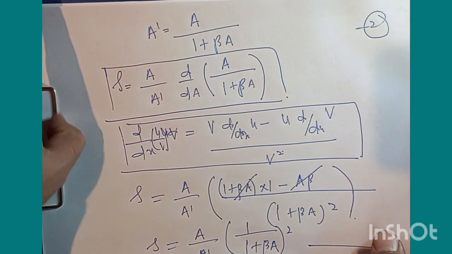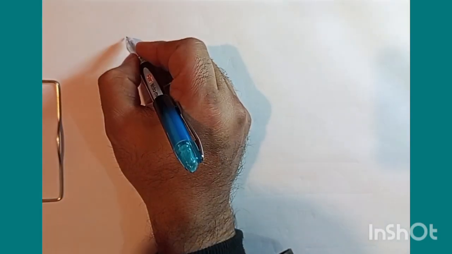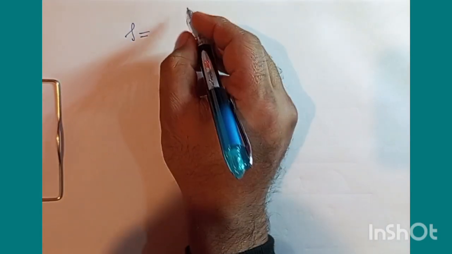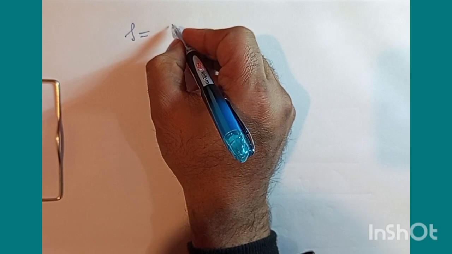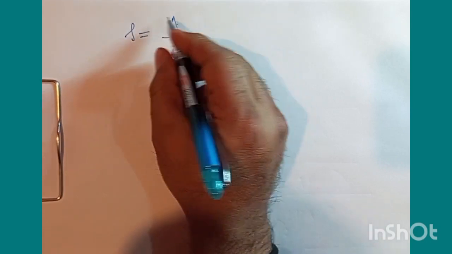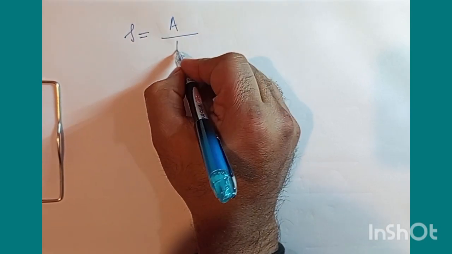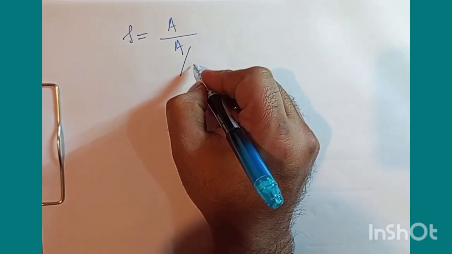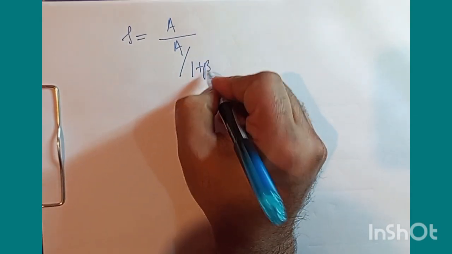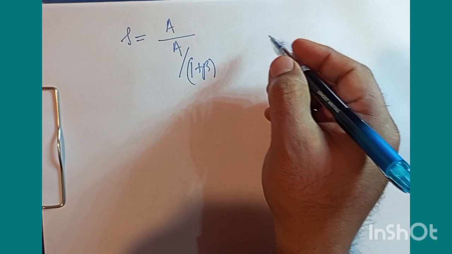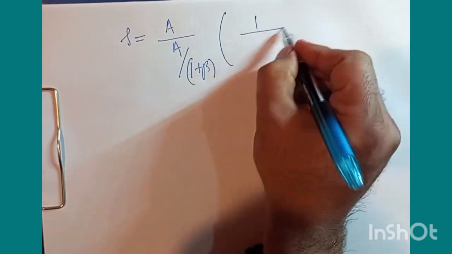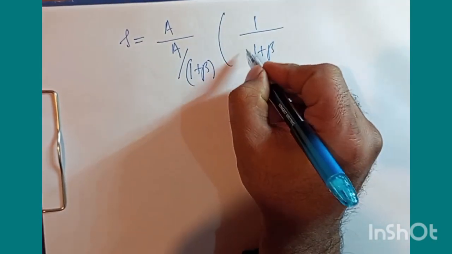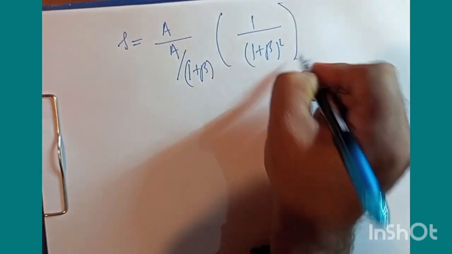So let's move on from here. Now, sensitivity comes out to be A by A dash, which is known to us, that is A divided by 1 plus beta A. Okay, so here we have 1 plus beta A whole square.